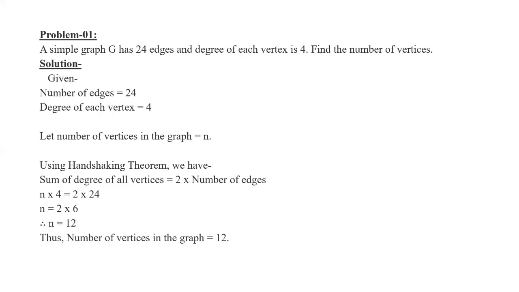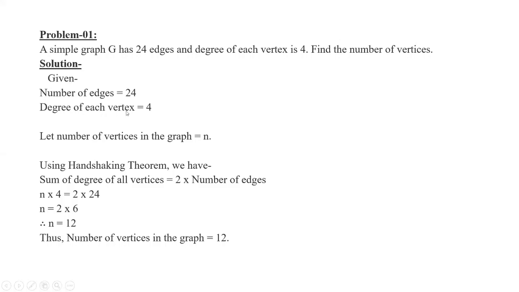There are n vertices, and the degree of each vertex is 4, so n into 4 is equal to 2 into the number of edges. The number of edges is 24, so n into 4 is equal to 2 into 24. Therefore n is equal to 12. The number of vertices in the graph is 12.